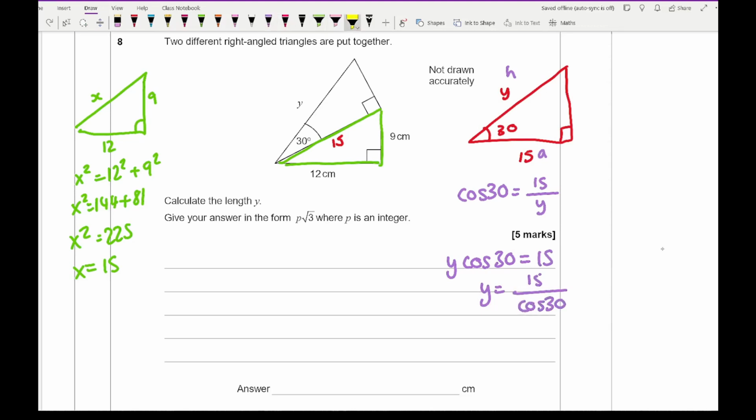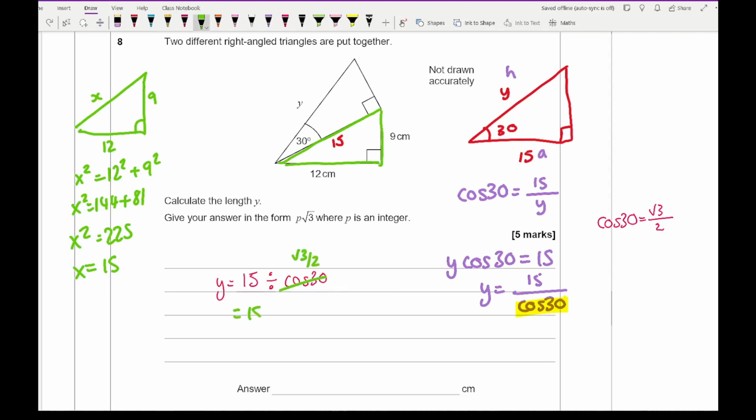Now cos 30 is an exact value trig that I need to know, and cos 30 is root 3 over 2. So cos 30 equals root 3 over 2. And again, excuse my lack of presentation here. So that's 15 divided by cos 30, which, instead of using cos 30, I use root 3 over 2.